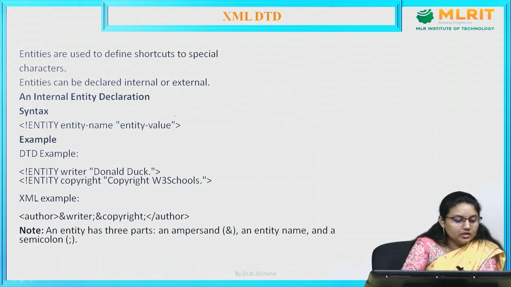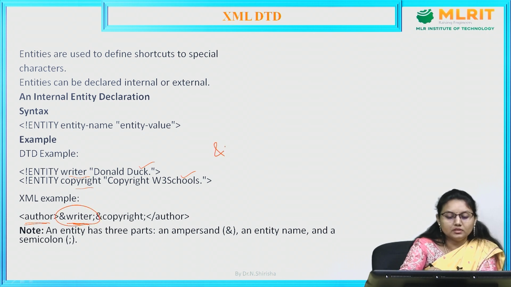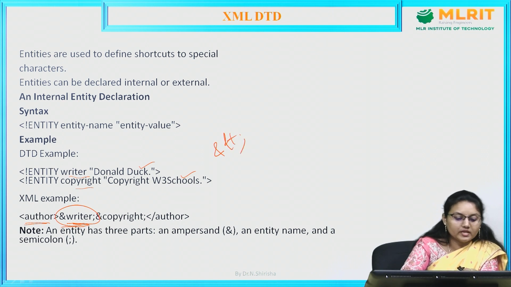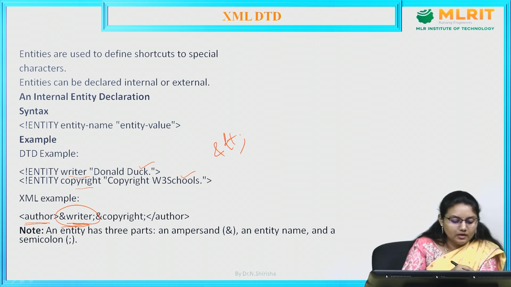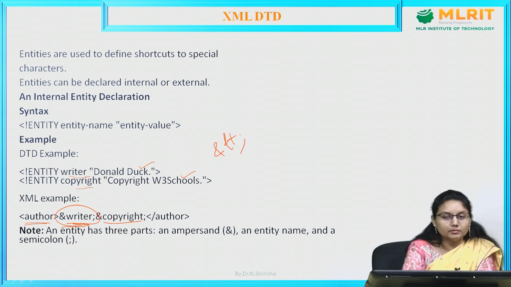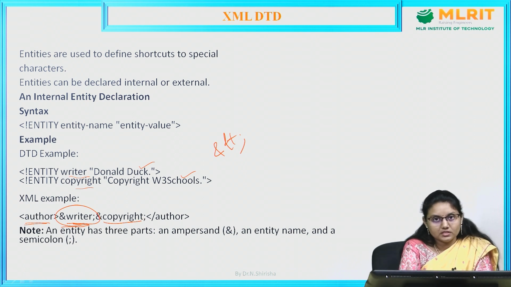Okay, so here I am going to give an entity, writer, copyright, writer name and the copyright name we have given, and the author. In the XML program, author is given ampersand writer. What is this? This is an entity like ampersand LT semicolon. We are going to give writer semicolon. This is for writer, and ampersand copyright semicolon. This is also used as an entity for copyright.